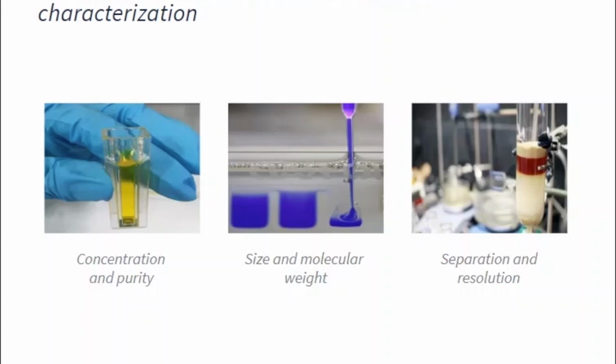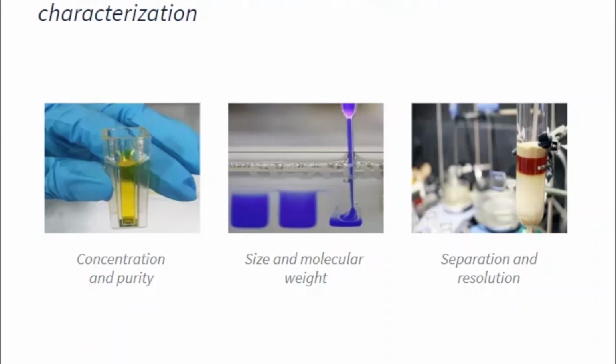If I asked anyone in the audience, have you run an SDS-PAGE, you'd probably say you've run thousands of gels. It's powerful technology for looking at the size or molecular weight of your protein of interest. And the last on the right is chromatography, which again is a powerful technology that's great for separating and resolving your protein from a more complex matrix of other materials.